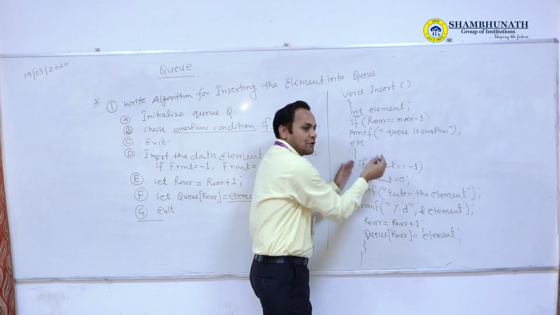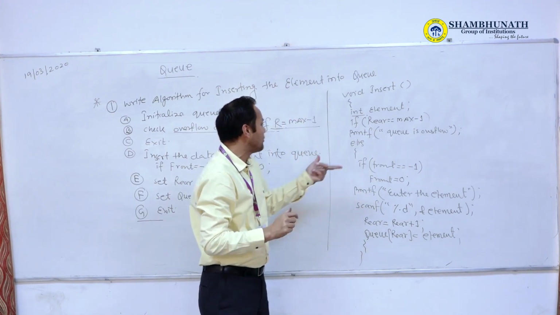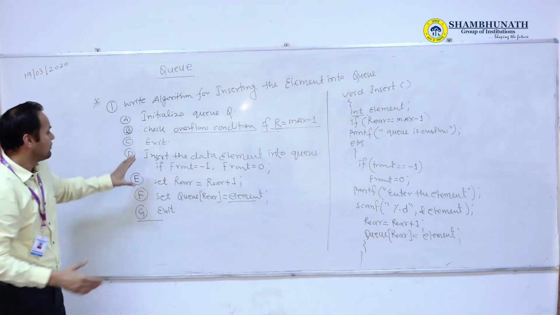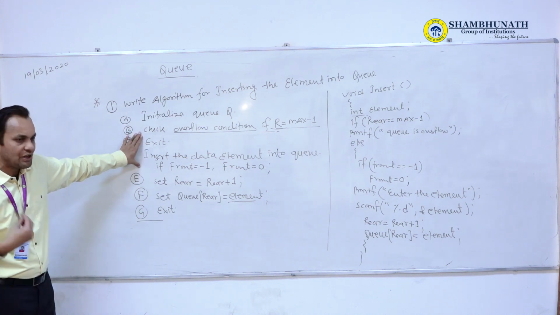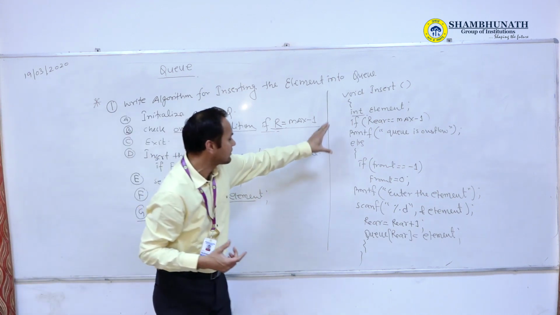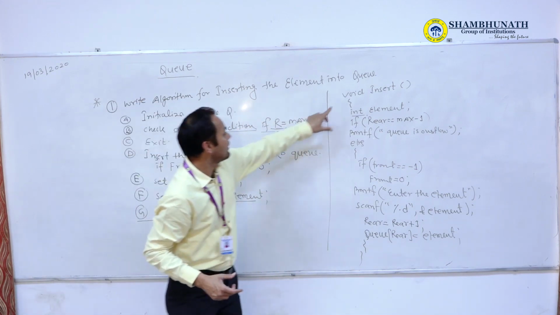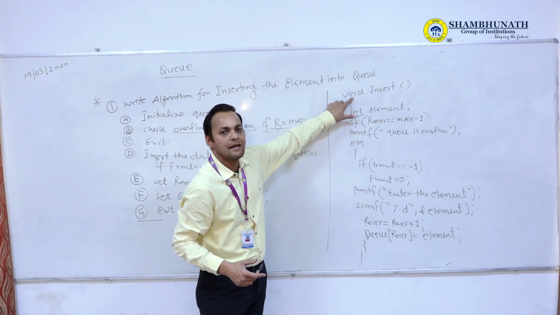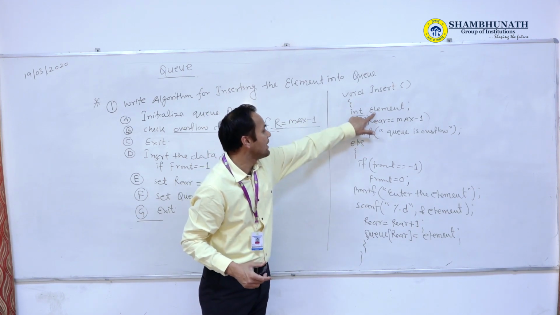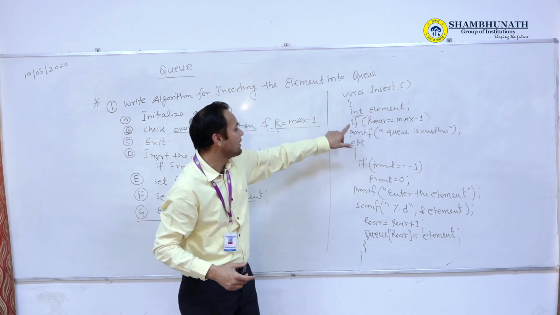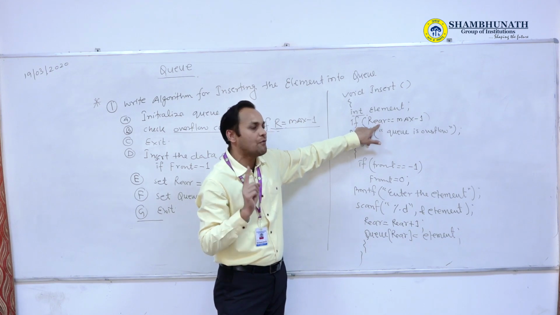Look here, this is the algorithm for inserting an element in the queue, and this is the function for inserting an element. Both are similar, because the algorithm is written in words, and here there is some syntax. void is the data type, int element is a variable of integer type. Before inserting the element, first check the overflow condition.